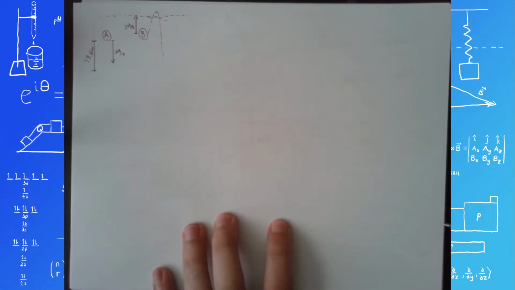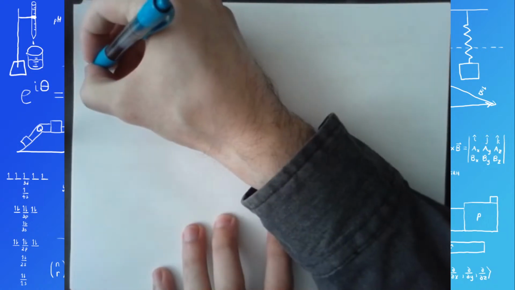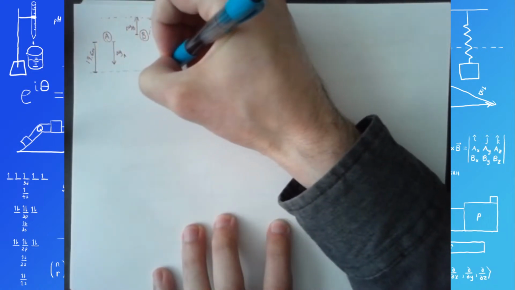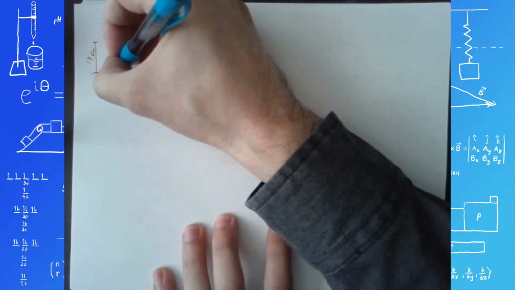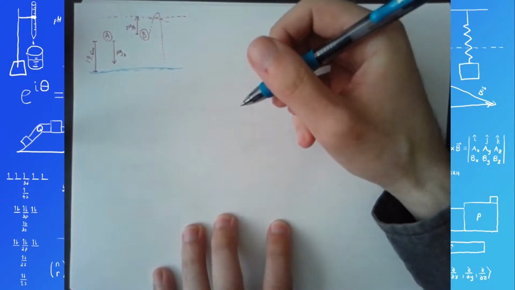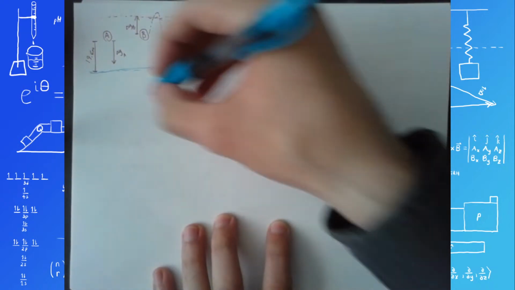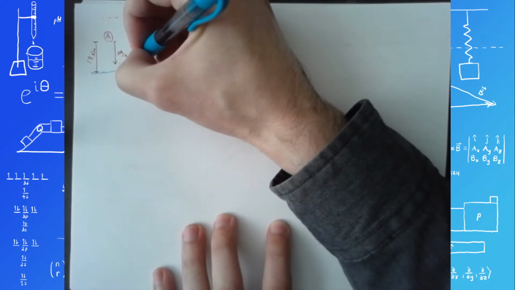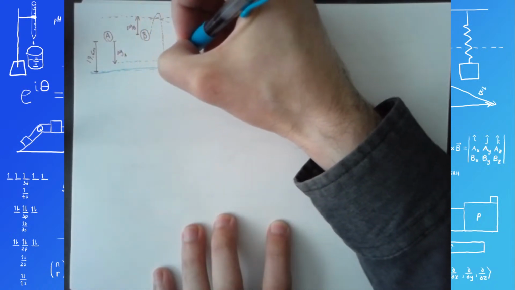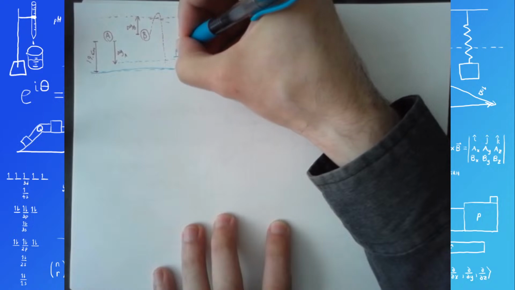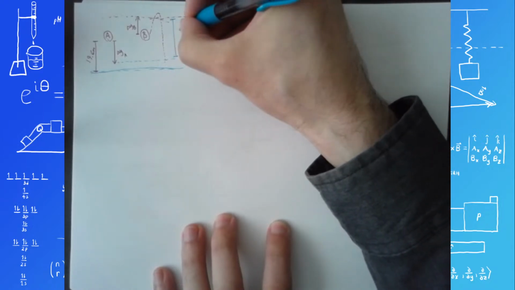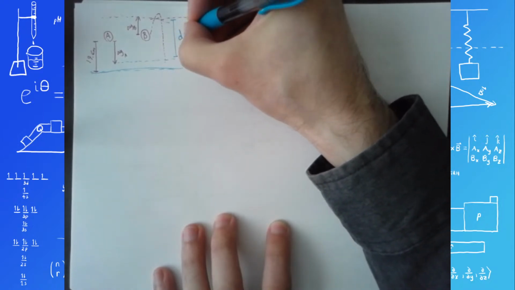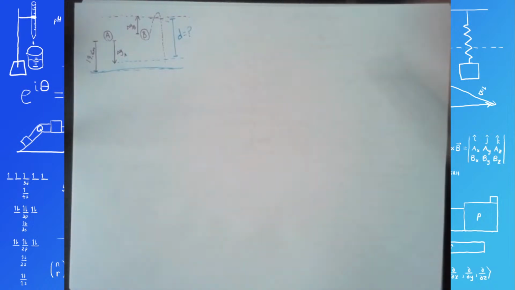Okay, so the question was, how far apart are they? If that's ground level, let me actually draw a solid line for that. If that's ground level, how far apart are they? That is, what is this distance?